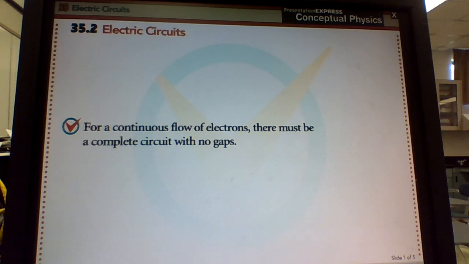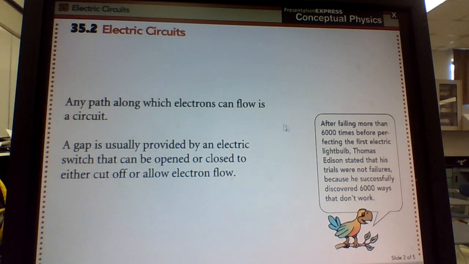If it breaks, the system is not going to work. So any path along which electrons can flow is a circuit. A gap is usually provided by an electric switch that can be opened or closed to either cut off the flow if we open it or allow the electrons to flow if it's closed.